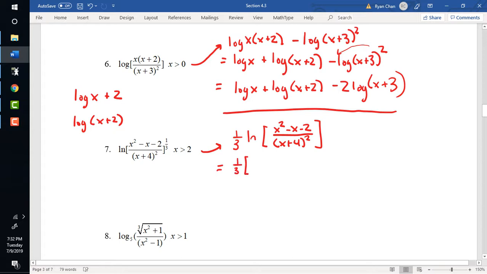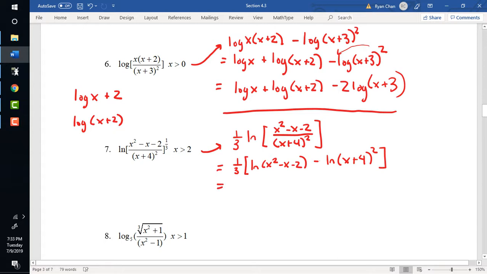So I'm going to have natural log of x squared minus x minus 2. Again, make sure you put that in parentheses. And then minus natural log of (x plus 4) squared. You can distribute the 1/3 if you want, but I'm just leaving it out, just realizing I'm multiplying everything by 1/3 at the end.